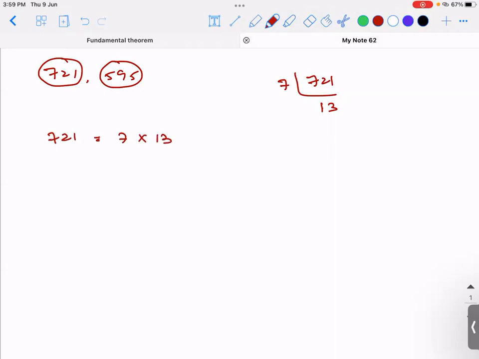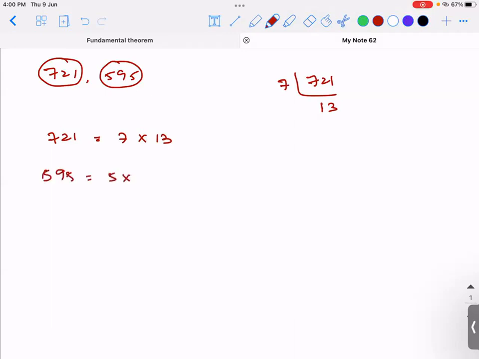What about 595? Obviously, you can start with 5. 5 into, I'm not checking it.